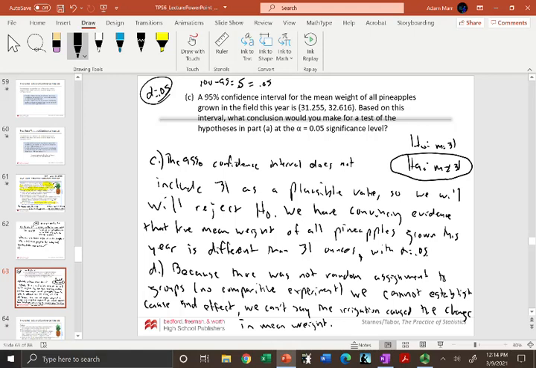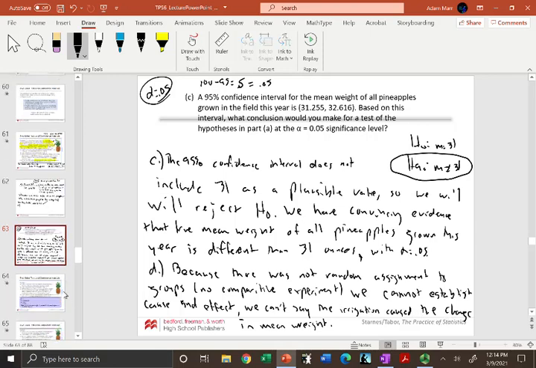Okay, something like that. If you look at the book's answer, they went into more detail, but all you have to say is there wasn't random assignment to groups, there was no comparative experiment, so we can't establish cause and effect. Okay, so we can't say the irrigation caused the change in mean weight. All right, so that's it.